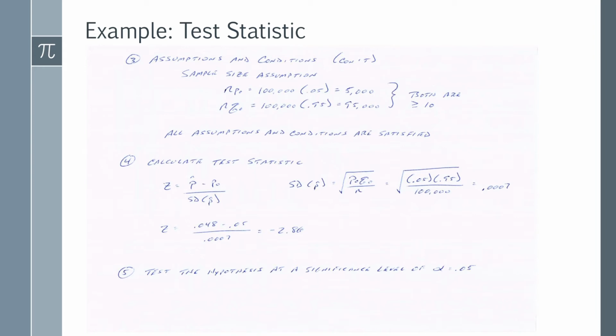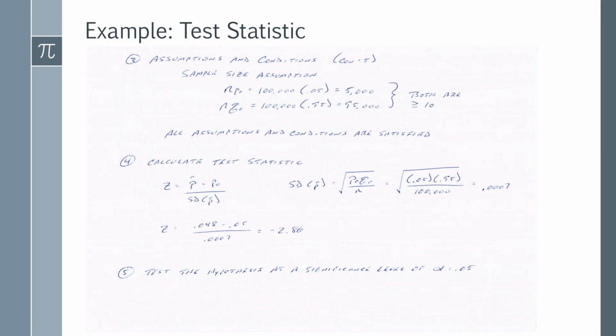The next step, let's calculate our test statistic. Well, the standard deviation of our p hat is the square root of p naught times q naught divided by n. That gives us the square root of 0.05 times 0.95 divided by 100,000. That gives us a standard deviation of our p hat, 0.0007. So now we have all the components that we need to solve for z.